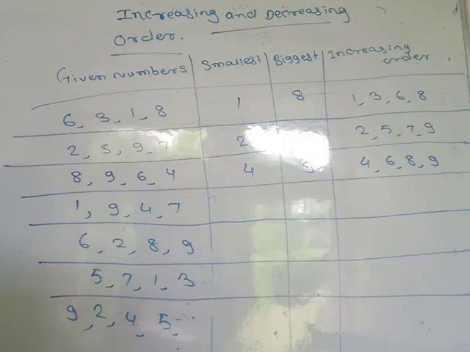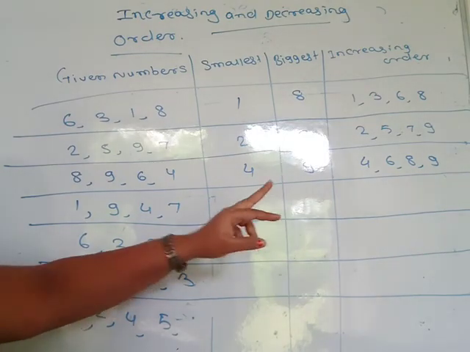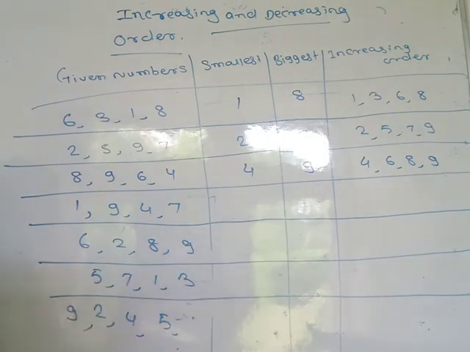Then in homework you write the smallest number, biggest number and the increasing order. Smallest to biggest number, see, right?